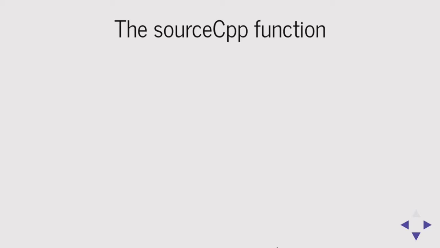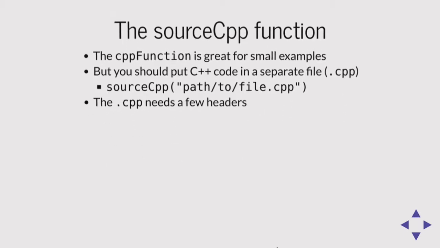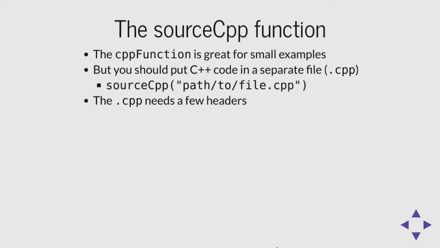So as I said, you could use that cppFunction to create a C++ function, but that's also going to get tedious quickly. Instead, the obvious thing is you've got a script full of R code, and then a corresponding script full of C++ code. Your C++ file will have a file extension .cpp. You put your C++ code in a separate file.